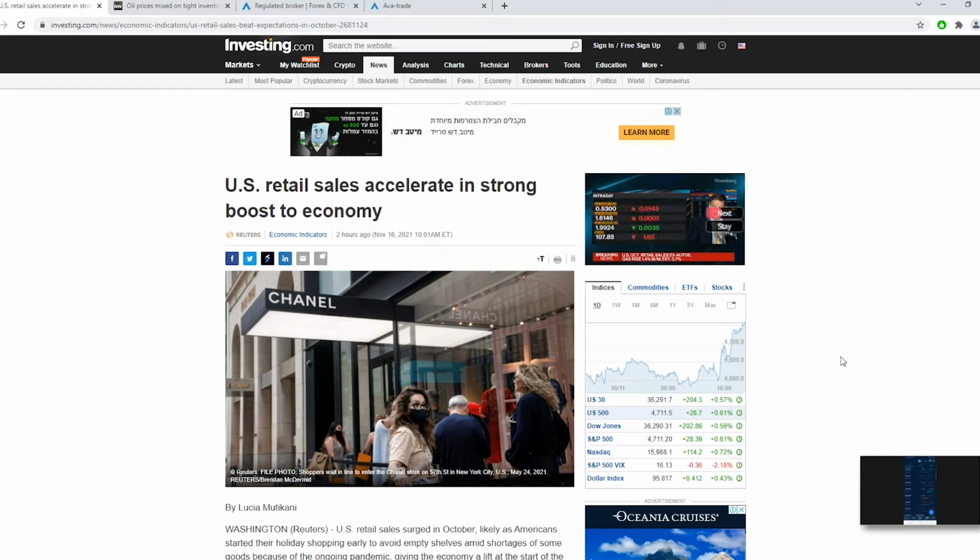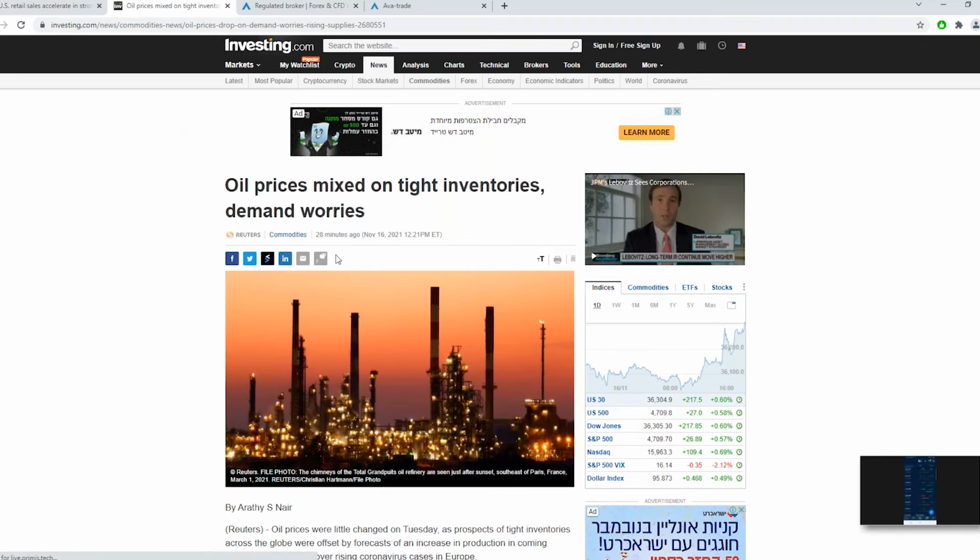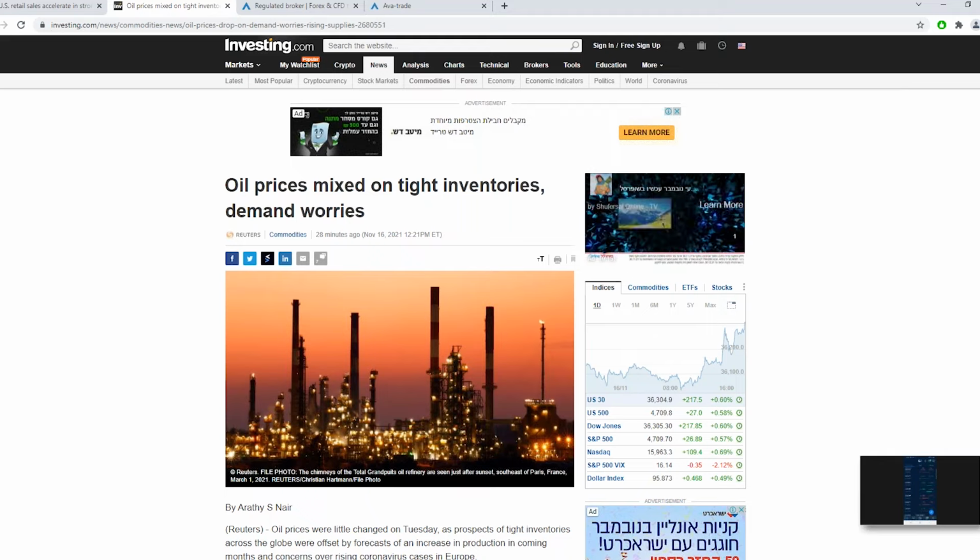Crude oil might have a reason to pop back up with positive acceleration on the economy, based on retail sales out of the US. Right now, oil price is mixed. We just talked about the fact maybe we'll see oil pulled down a bit. There's tight inventories because there hasn't been enough production to keep up with the growing economic demand.